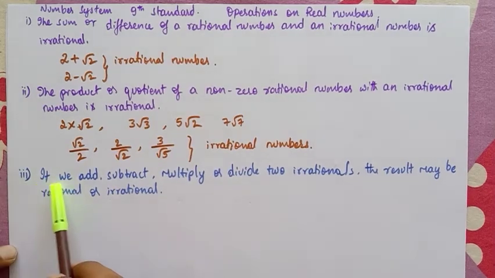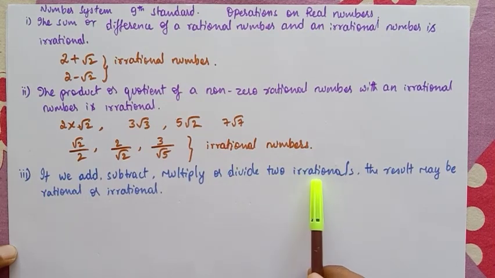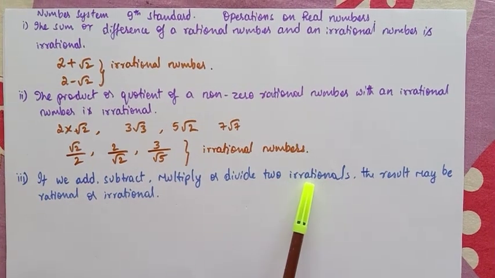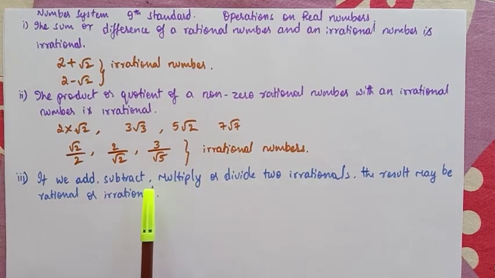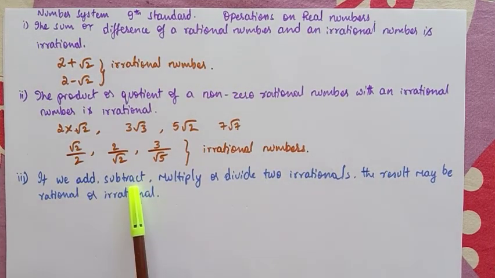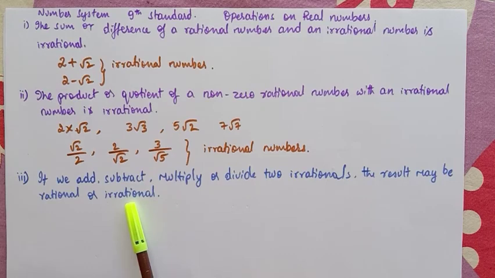Third statement: if we add, subtract, multiply or divide two irrationals, the result may be rational or irrational. When both are irrationals and we perform an operation, addition, subtraction, multiplication or division, the result may be rational or irrational.